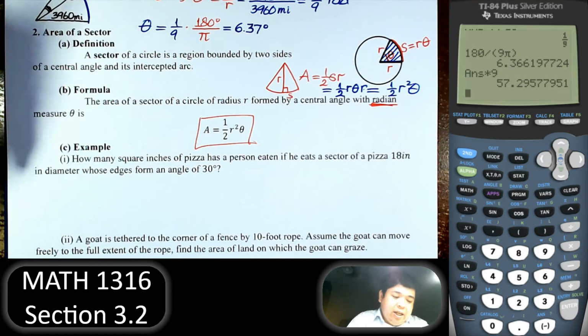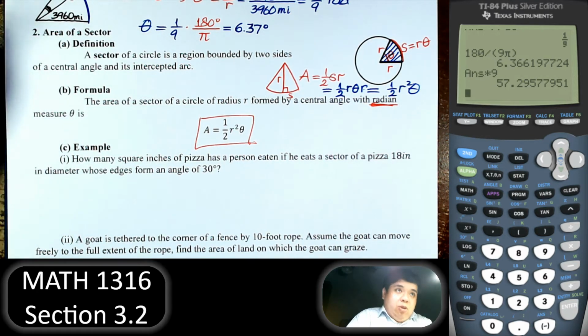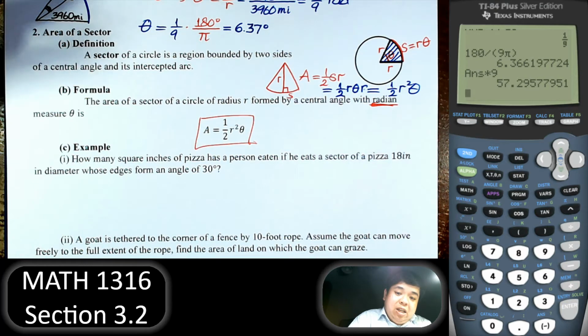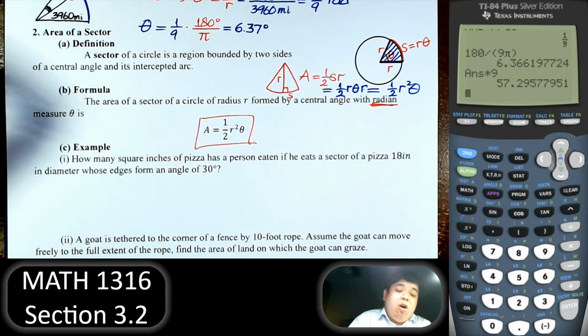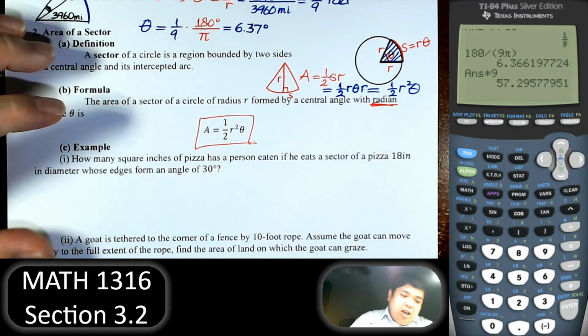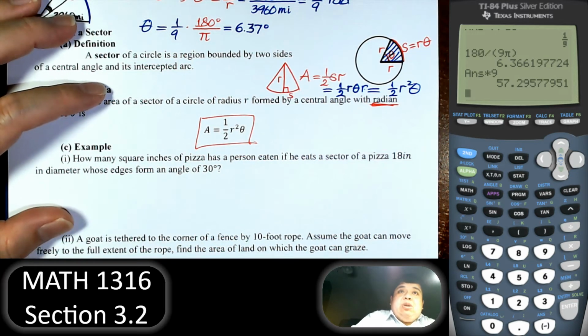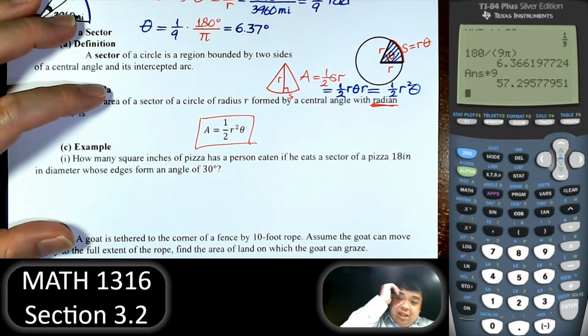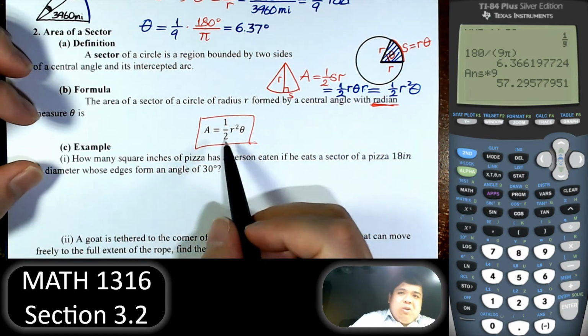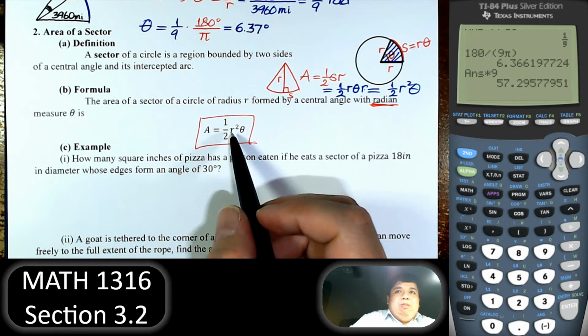Next, let's go to the example. How many square inches of pizza does a person eat if he eats a sector of a pizza 18 inches in diameter whose edge forms 30 degrees? Let's write everything we have. First, the diameter is 18 inches. The formula doesn't have diameter, right?